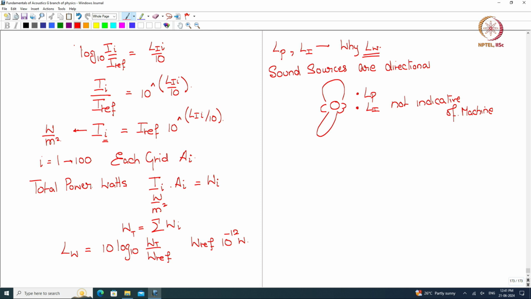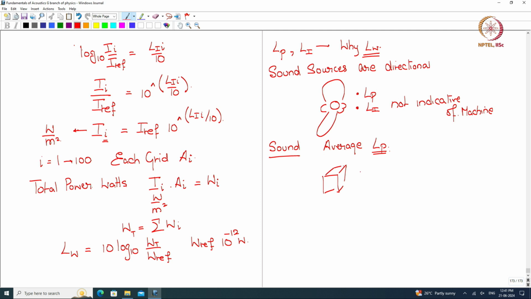However, as a quick measure of how much sound a machine produces, you can have average SPL values, averaged LP values. You have a machine that is producing sound and you don't want to do this detailed gridding.